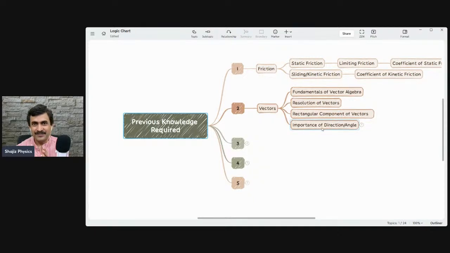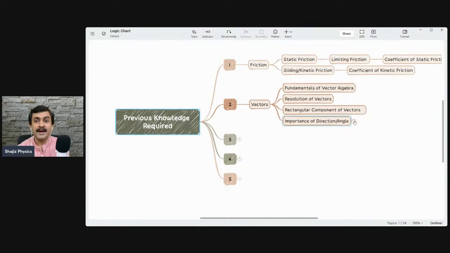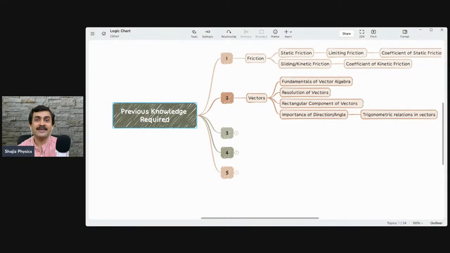Again, whenever you are trying to resolve a vector into its rectangular components, what is the importance of direction or angle? What are the trigonometric relations in vectors? All these things a student should know before trying to solve a problem like this. But all these are totally new for a student in class 9th.